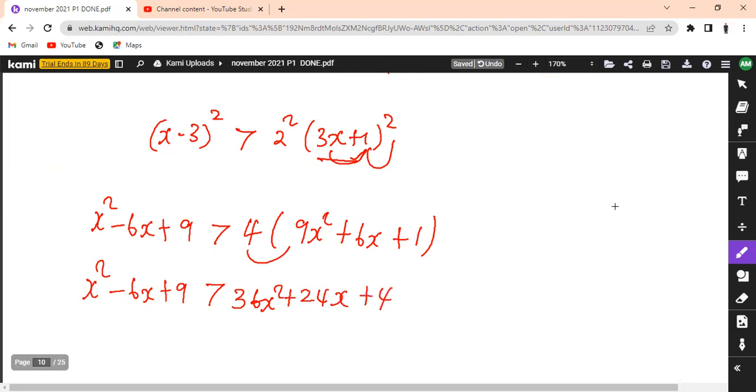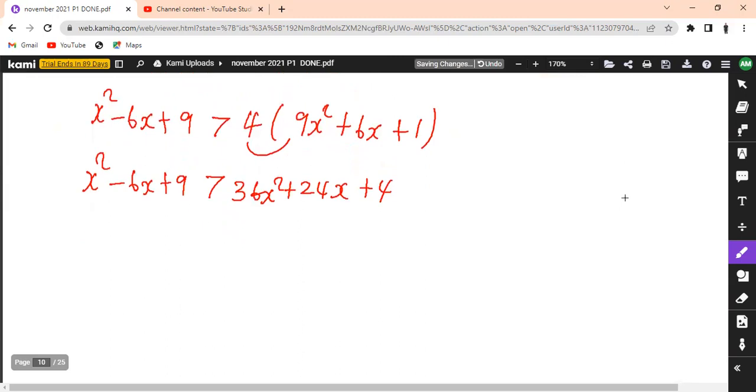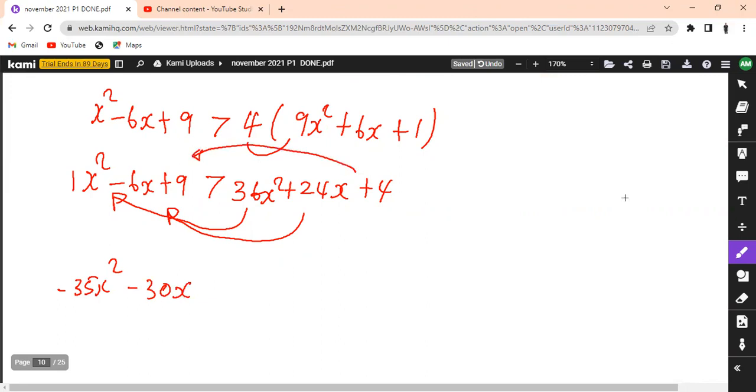Okay, so there we can collect like terms to one side of the inequality. So 36 to this side is going to be a minus, so it's 1 minus 36, which is minus 35x squared. Minus 24 to this side, so it's minus 6 minus 24, which is minus 30x. 4 to this side is going to be a minus, so it's 9 minus 4, which is going to be plus 5, is greater than 0 here.